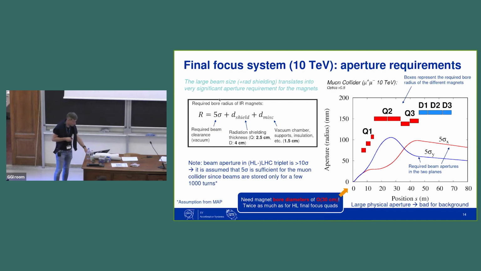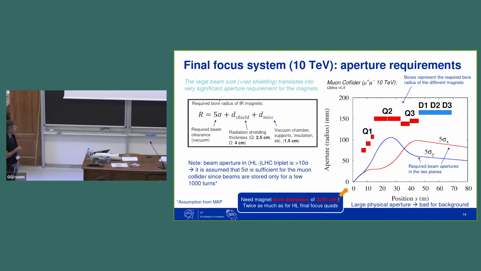Let me still show the following. You have here in this plot as a blue and red curve the 5 sigma beam envelopes. You can see here this reaches 10 centimeters already here. So this means that we need a really large vacuum aperture. But then what you can see here, these boxes are in fact representing the magnet pore radius for the different magnets.